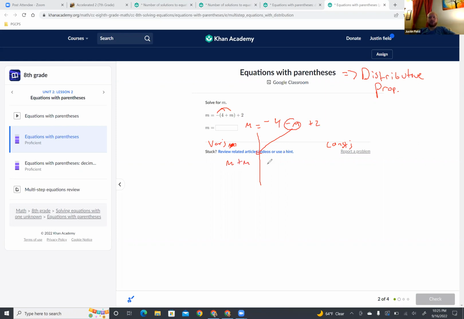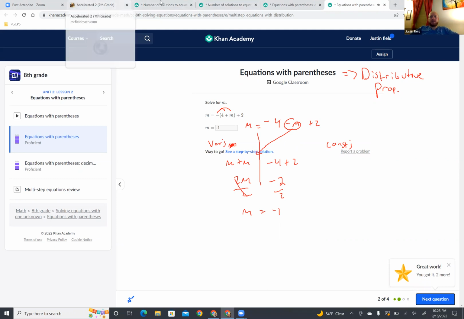And these two numbers, I'm just going to write them, bring them down. Now I combine my like terms. So 2m equals -2. Divide by 2. Get m by itself, and that's -1. All right, in case you didn't believe me.